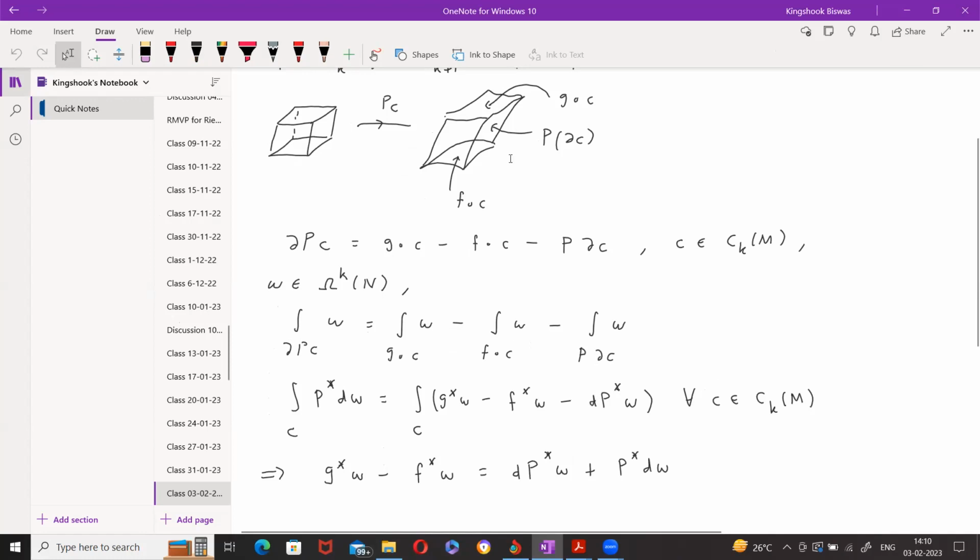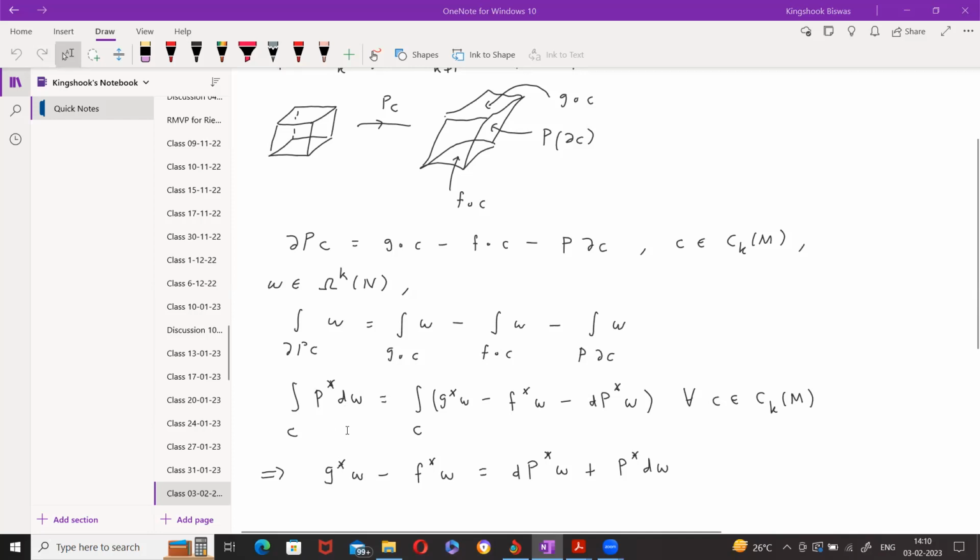Any question? Is that okay? Yeah? Okay. And so since this is true for all k-chains C, we know that if two forms have the same integrals over all k-chains, then they are equal.